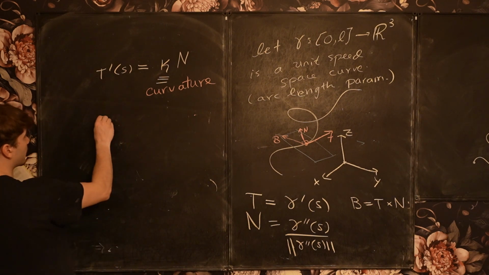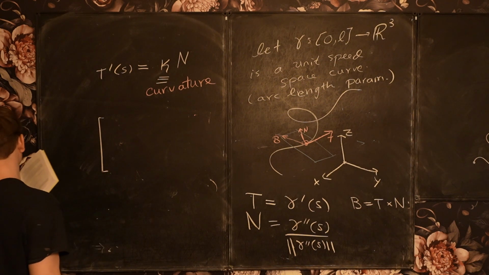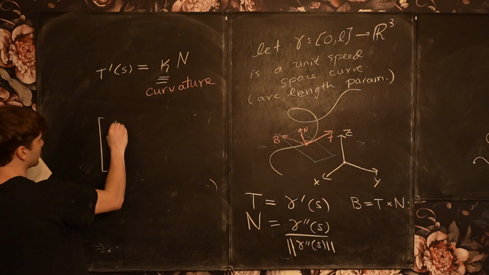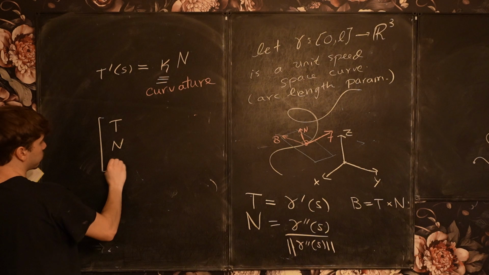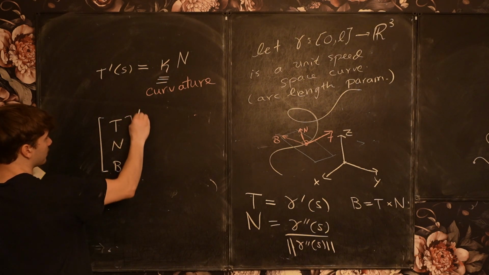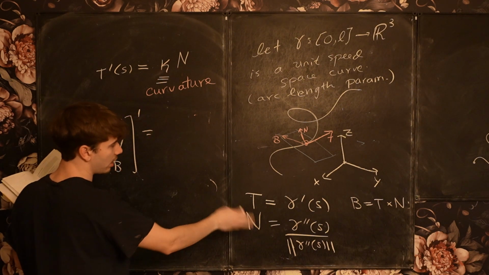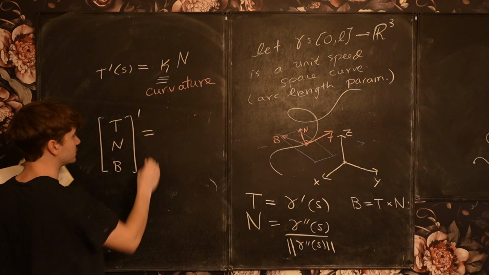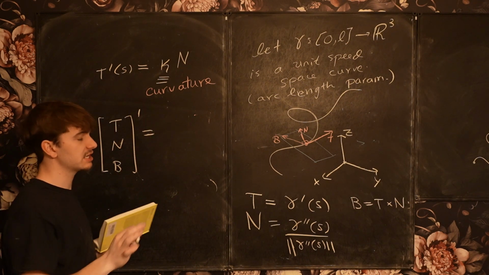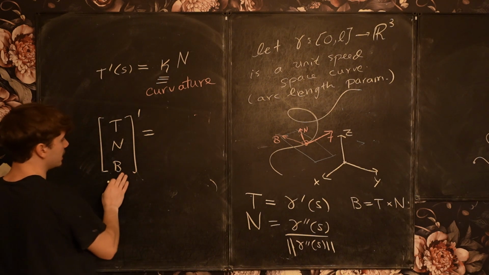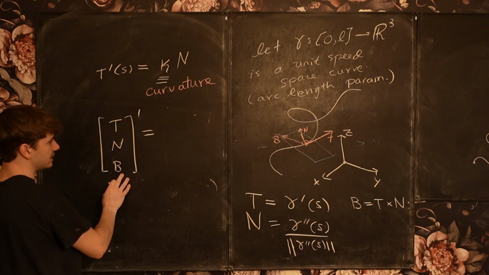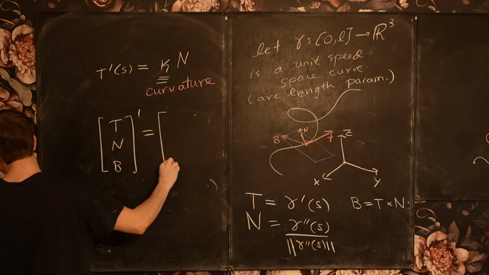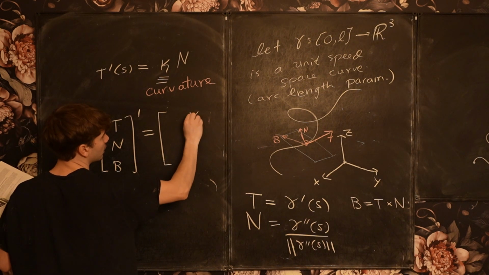It turns out that there are formulas for the derivative. If I look at TNB prime, if I take the derivative of all of these vectors, we did this in a previous video, and I'm just briefly glossing over it. If you take the derivative of this vector TNB, you actually get a matrix of the following form.